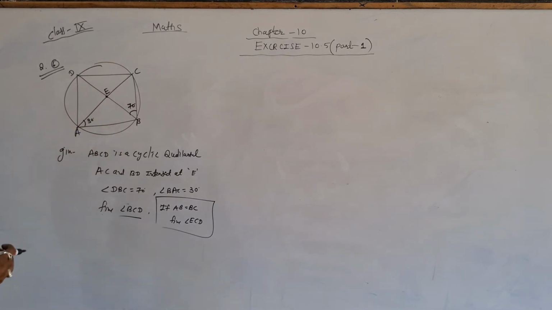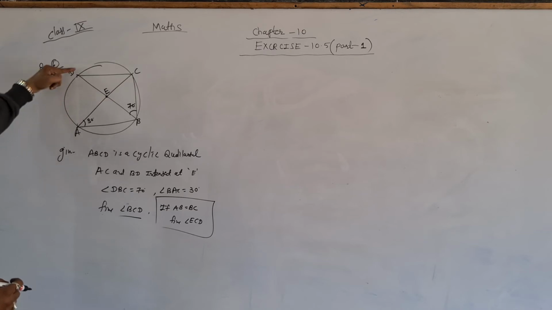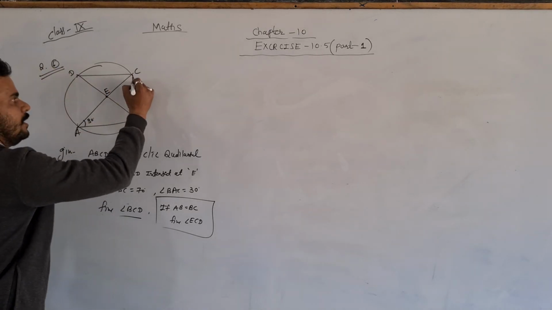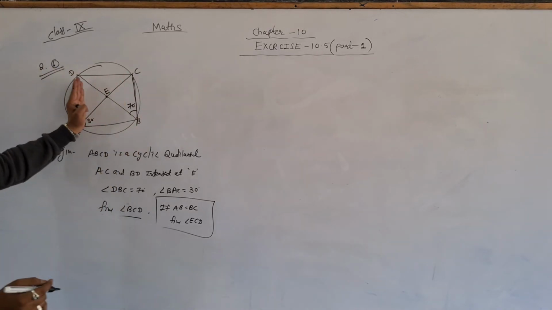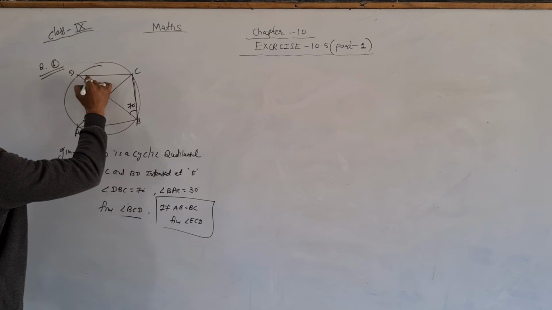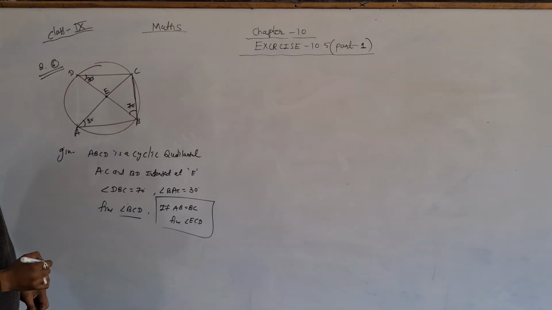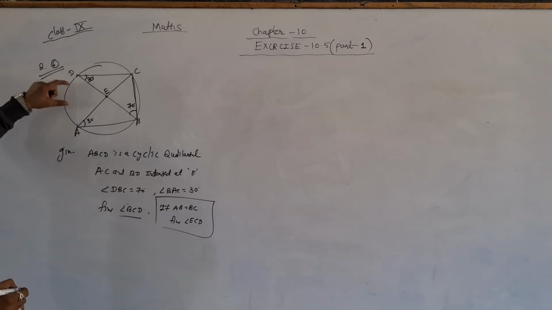Okay, so as we know, if we erase this line for a minute, then angles in the same segment. See, these two angles are in the same segment. This is one chord, and this is one segment and this is the second segment. So angles in the same segment are equal to each other. So how much will this angle be? 30. Okay, I hope you understood.